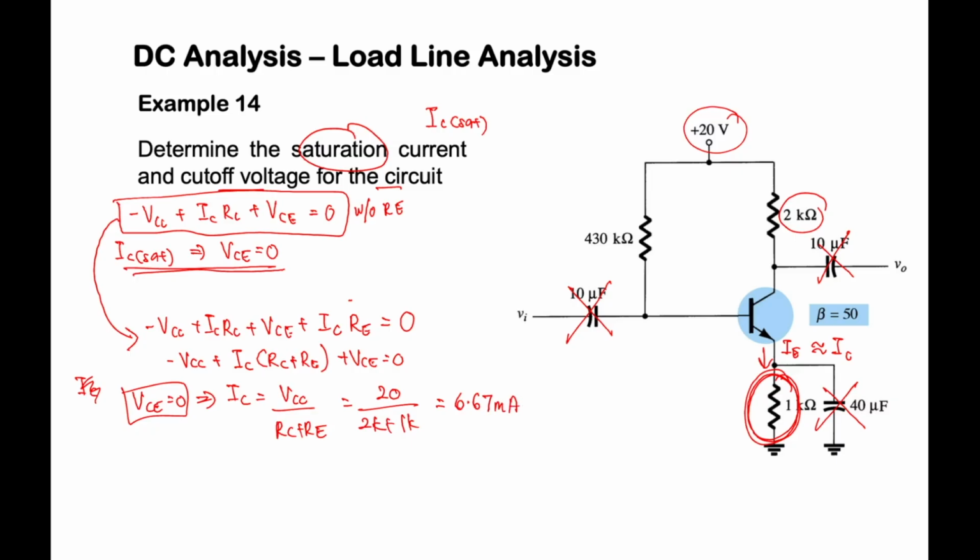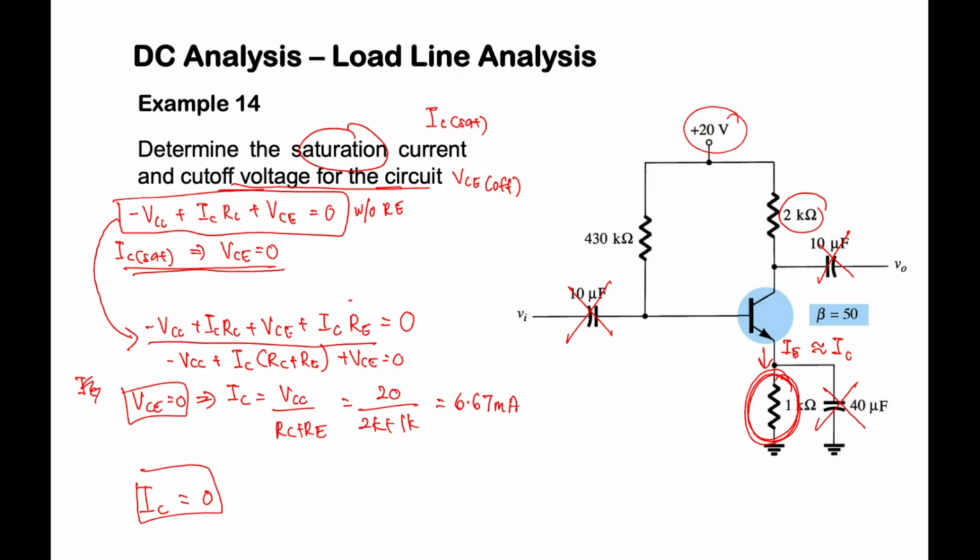For the cut-off voltage of the circuit, this is when your VCE is equal to VCE off. We know for VCE off, our IC is equal to 0. So we use this equation again.